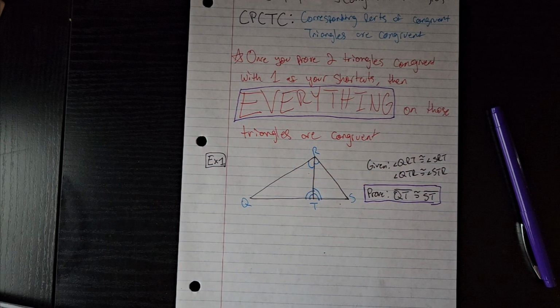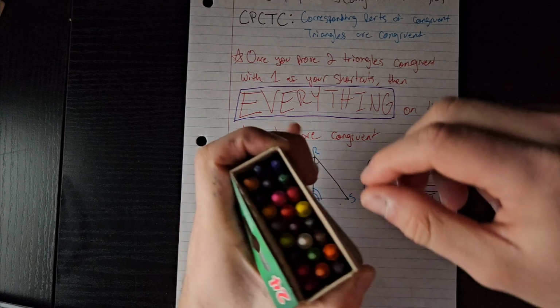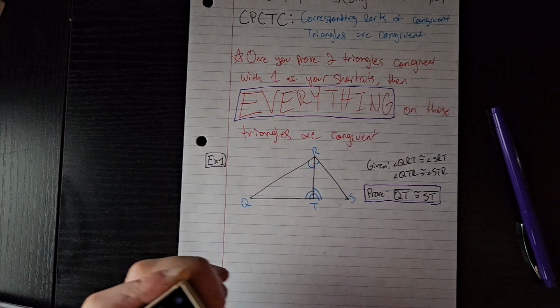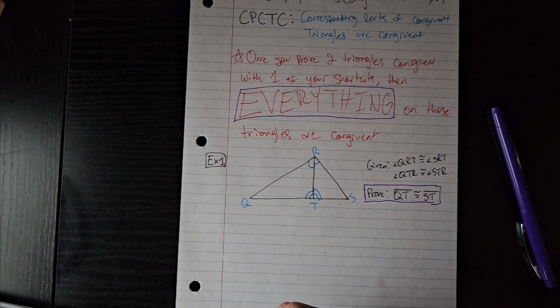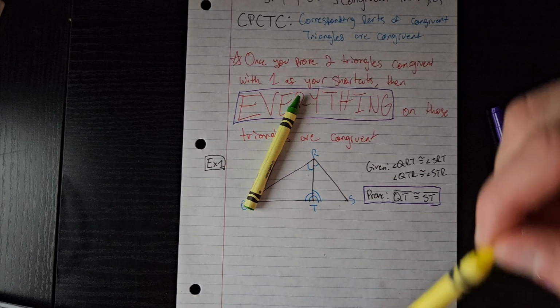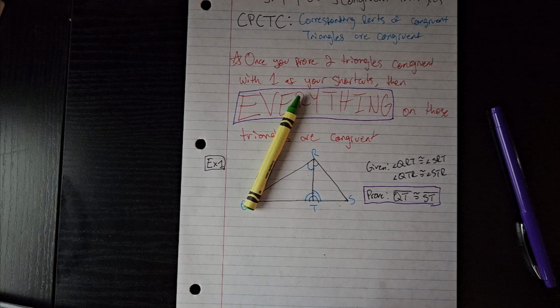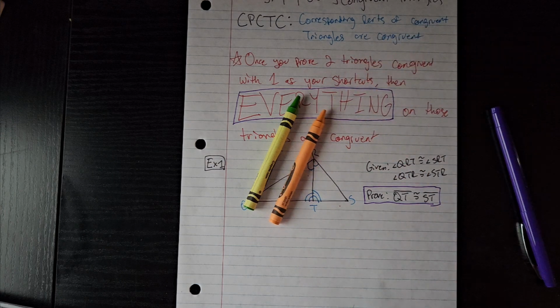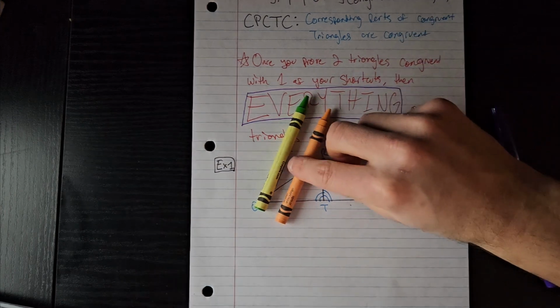I like using crayons better than colored pencils. I like the feel of crayons. Let's pick out, I don't know, green. And I like yellow. No, yellow and green are too, dang it. Oh wait, hold on. I like this one. I think it's like a peachy color.